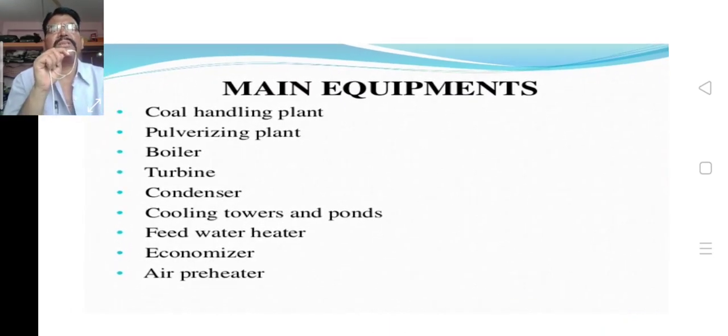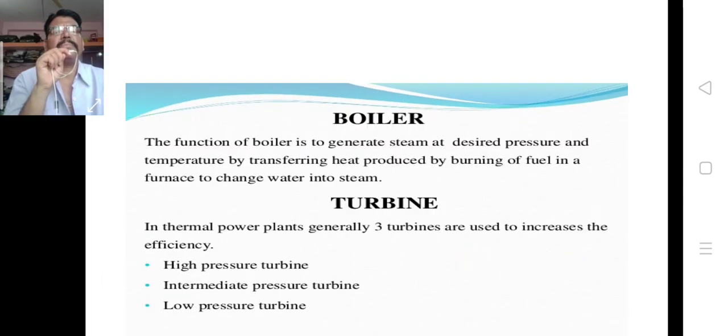The main equipment of the system: coal handling plant, pulverizing plant, boiler, turbine, condenser, cooling tower and ponds, feed water heater, economizer and air preheater. These are the main equipments of this system.